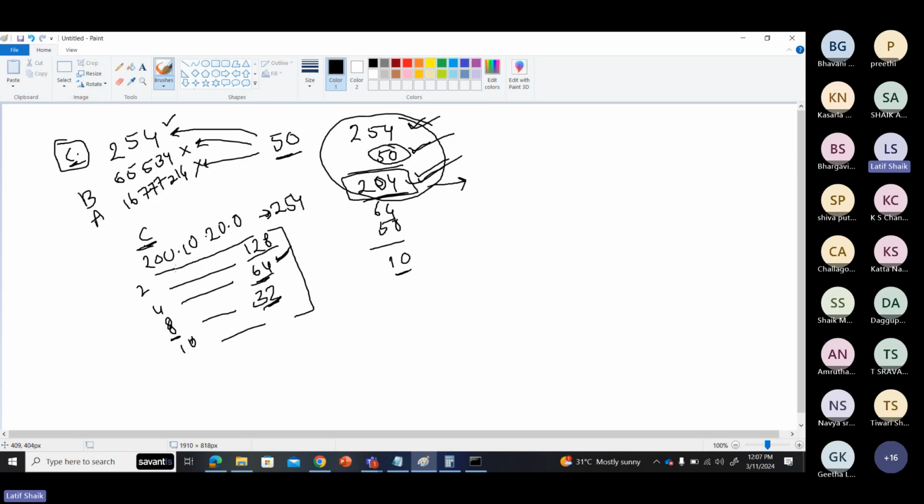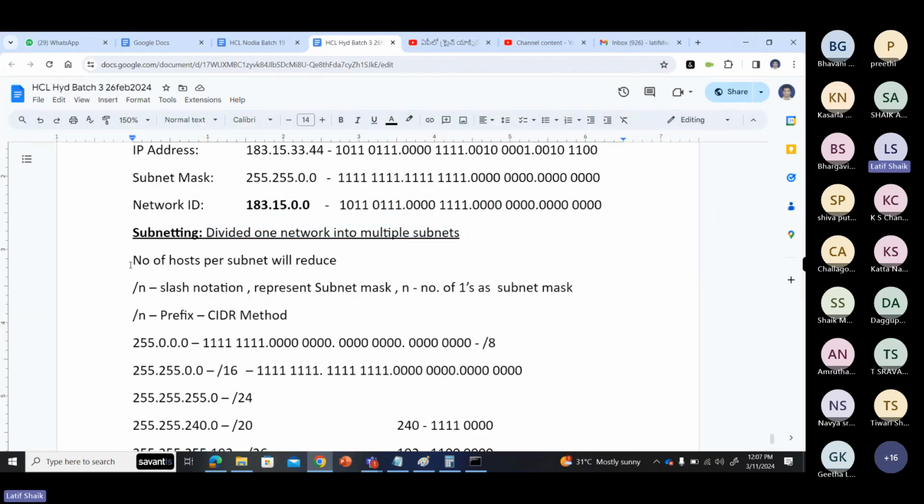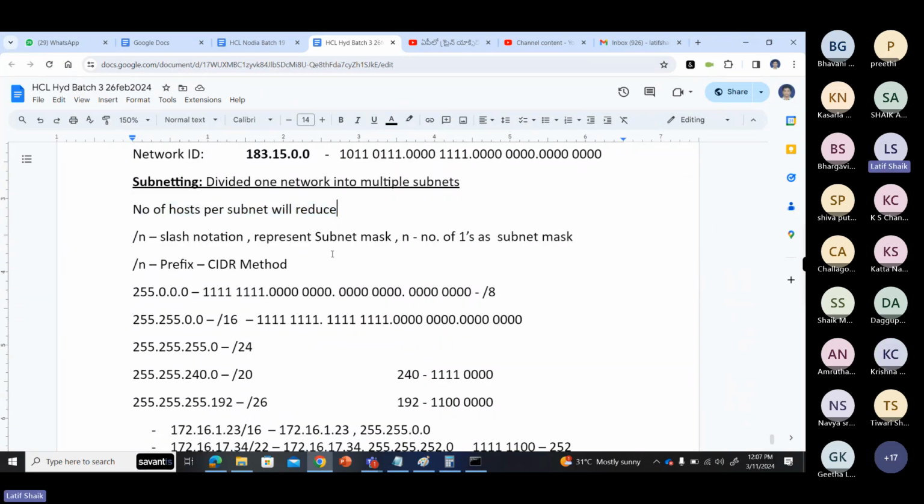So this is what I'm trying to say. You can divide a network into a number of subnets, but if you divide a network into multiple subnets, the hosts per subnet will be reduced. This concept is called subnetting.